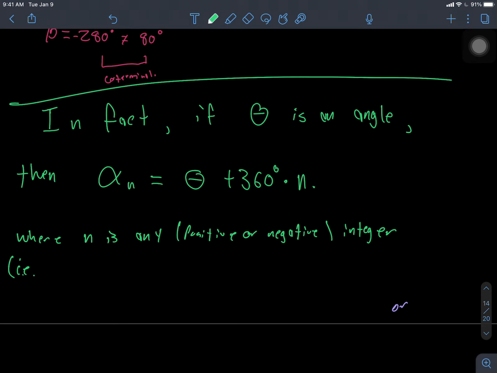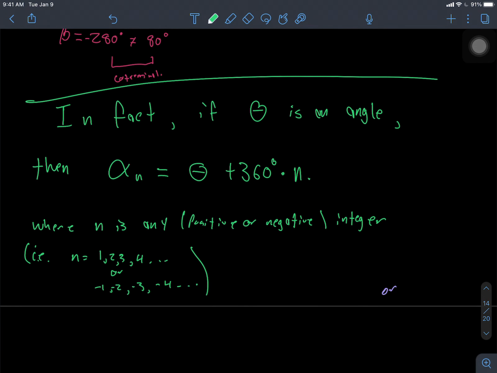That is, n is going to be something like 1, 2, 3, 4, dot, dot, dot, or negative numbers, negative 2, negative 3, and negative 4, dot, dot, dot. So n is any positive or negative integer, and if we take theta and add 360 degrees times some integer, it's going to be coterminal.